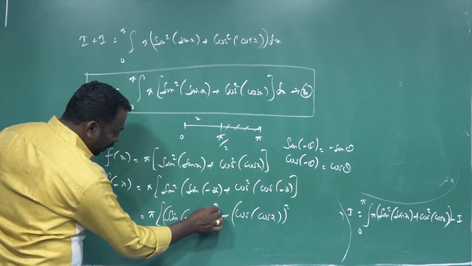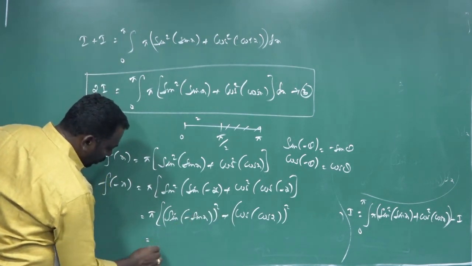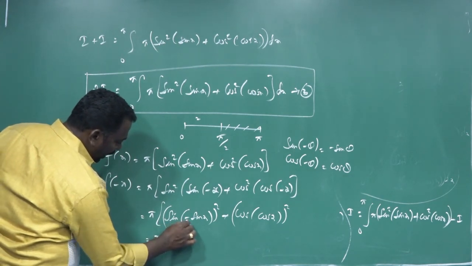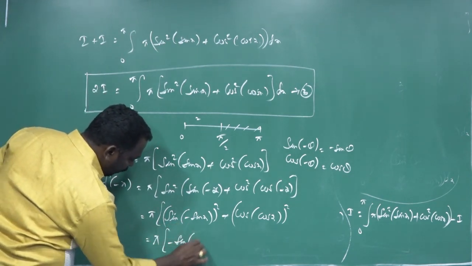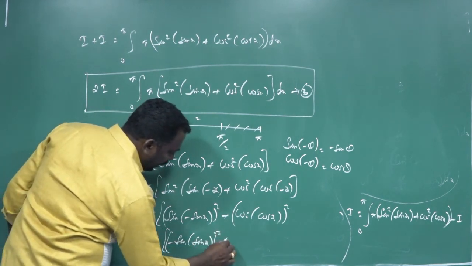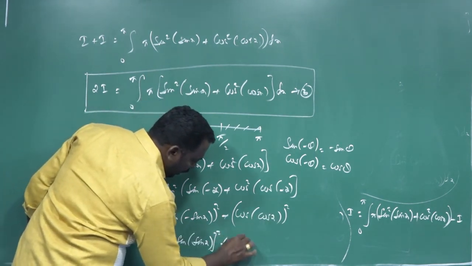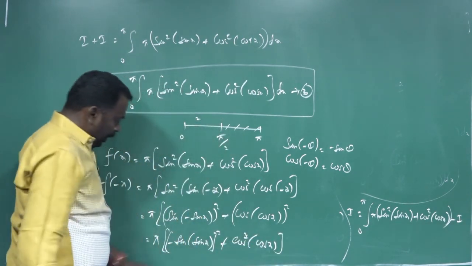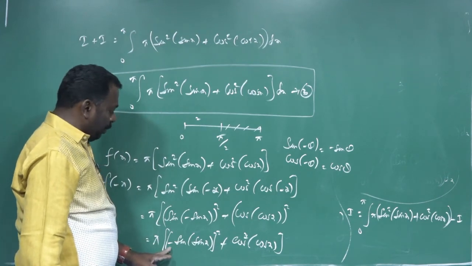Therefore, we get a power square inside the bracket, that is equal to pi within the bracket of again sin minus theta equal to minus sin theta, whole square, plus cos square of cos x remaining. Now we get a square inside the bracket, so minus becomes plus.